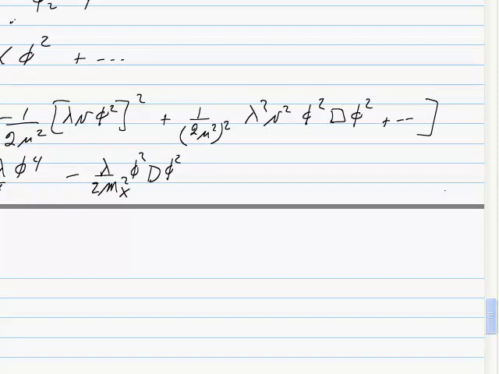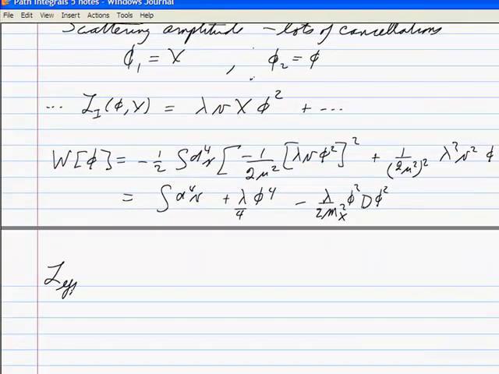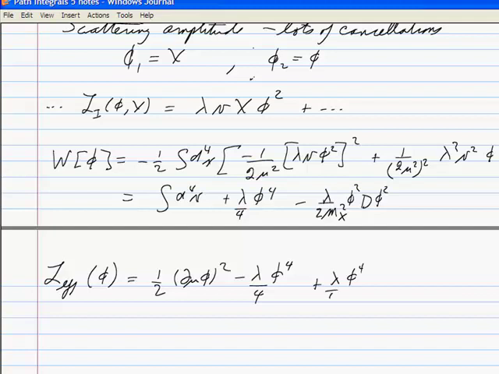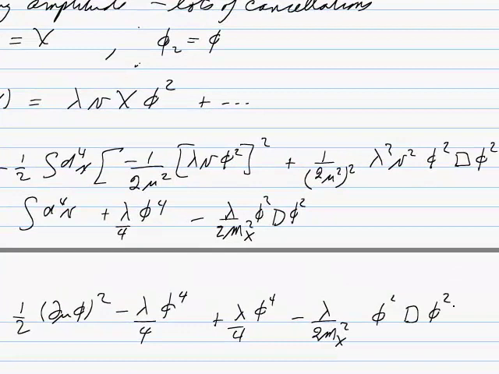So our L effective of phi is, well, there's L0, which is 1/2 d mu phi squared minus lambda phi to the fourth over 4. And now I add this new piece in, which is plus lambda phi to the fourth over 4 minus lambda over 2m chi squared phi squared box phi squared.